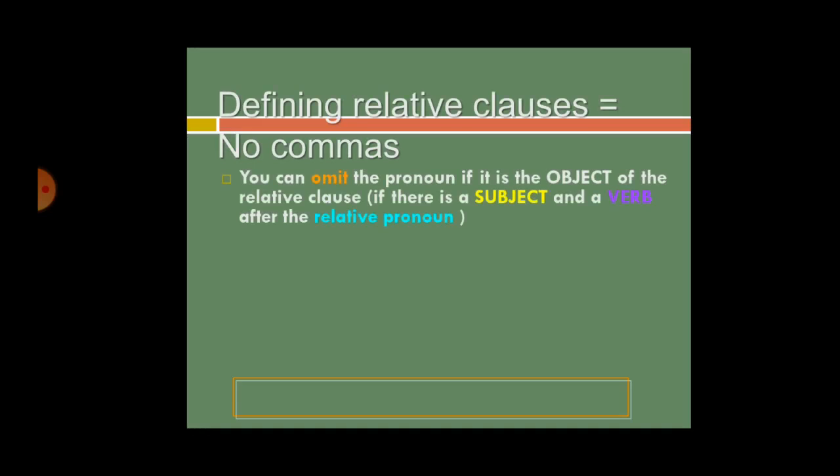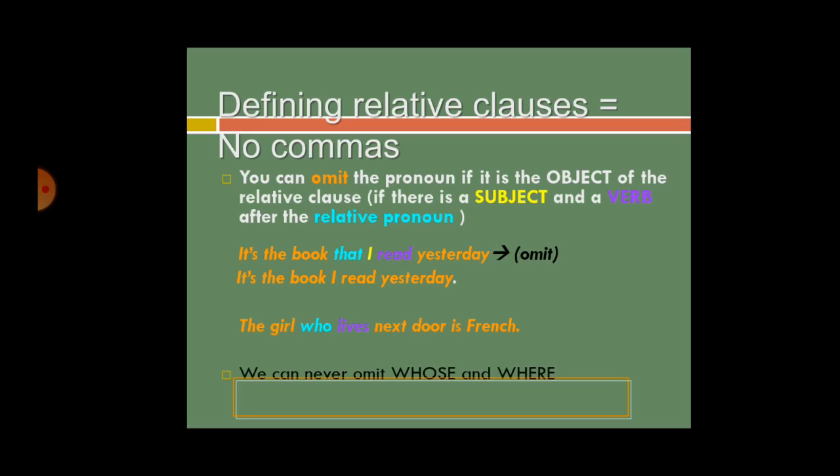Here, you can omit the pronoun if it is the object of the relative clause, if there is a subject and a verb after the relative pronoun. It's the book that I read yesterday. Now we omit that: it's the book I read yesterday. The girl who lives next door is French. We can never omit whose and where.